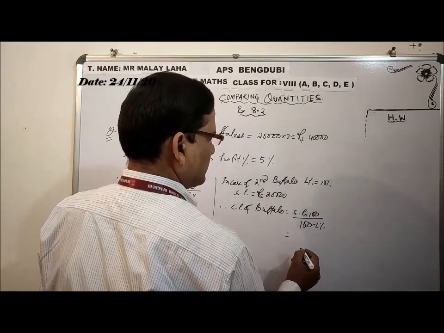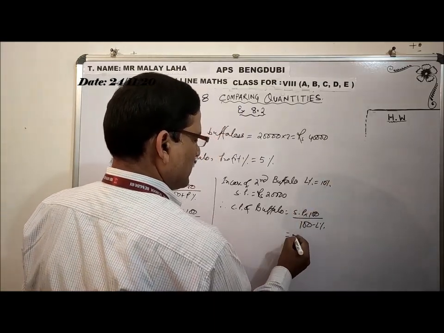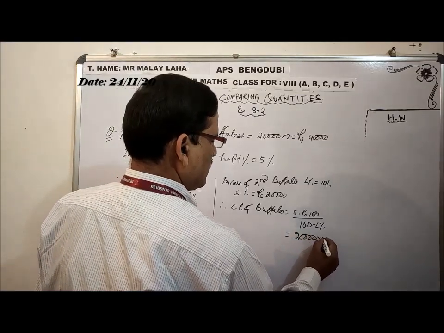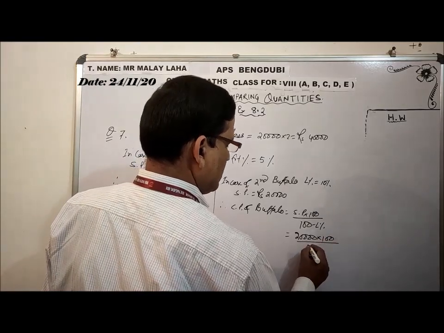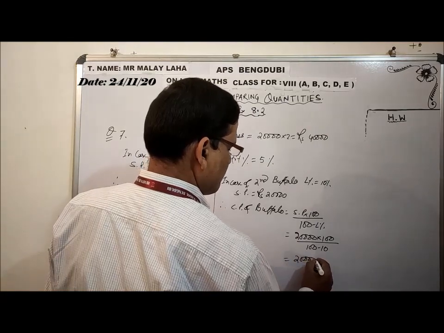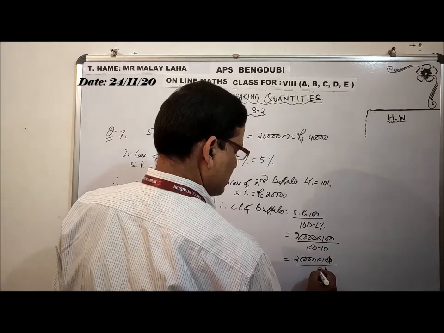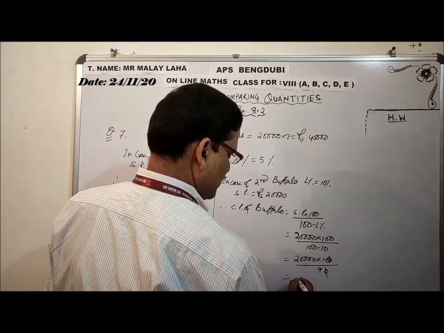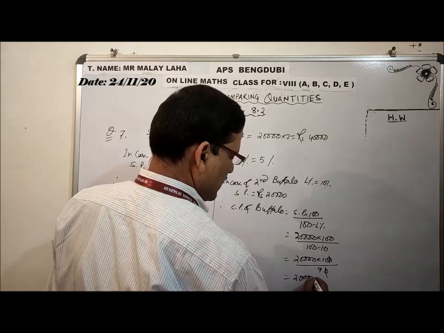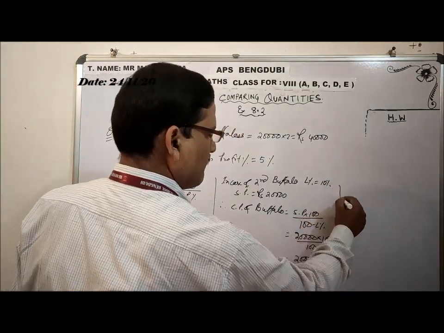So it is coming how much? 10%. SP is 20,000 into 100 by 100 minus 10, that is 90. So 20,000 into 100 by 90. One 0 cancels, so it is coming 20,000, 2 0 4 0, and another 1 0, 10, and then 90. Leave it like this.